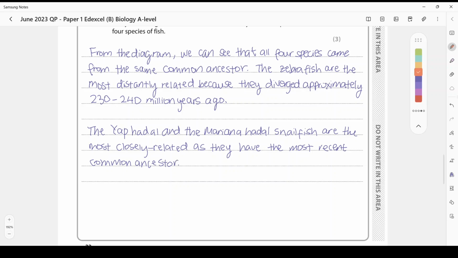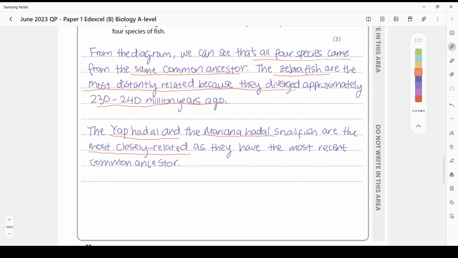All right, let's go over the marks. The first mark is that all four species came from the same common ancestor. You can say another mark where the zebrafish are the most distantly related because they diverged about 240 million years ago. So that's the second mark. The third mark is acknowledging that the Yap-Hadal and the Mariana-Hadal snailfish are the most closely related.